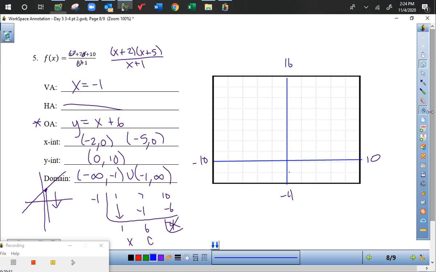The first thing that we had was x equals -1. So vertical asymptote, dashed line at -1. Alright, then we're going to graph our other asymptote using the y-intercept and the slope.